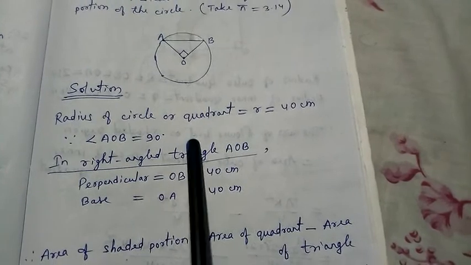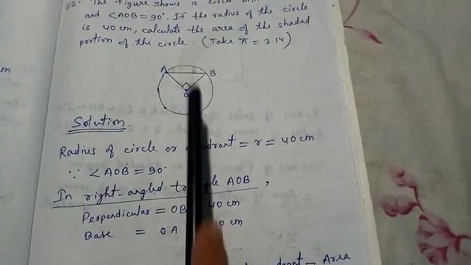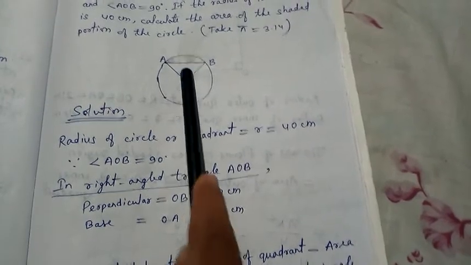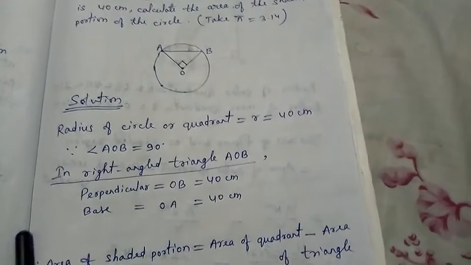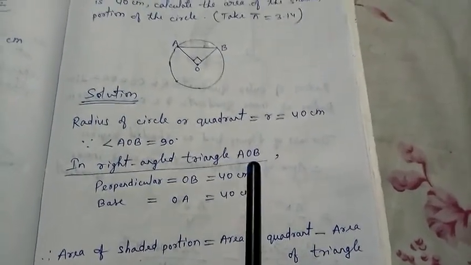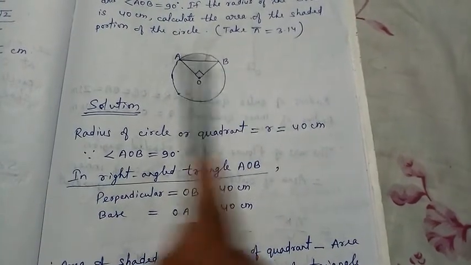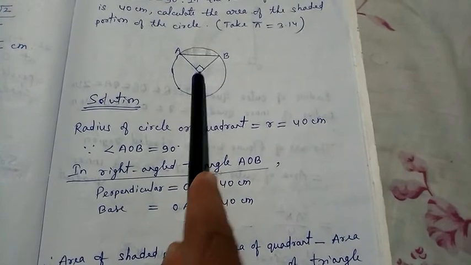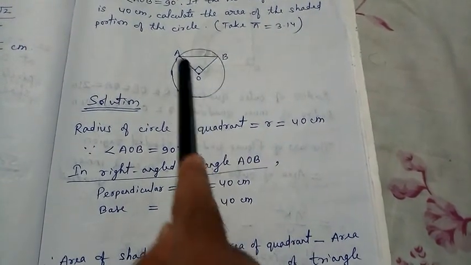So radius of quadrant is r, small r, and that is 40 centimeter as per the question. And angle AOB is 90 degree given in the question. In right angle triangle AOB, perpendicular is OB, because where there is 90 degree, one line is perpendicular and the other line is base.